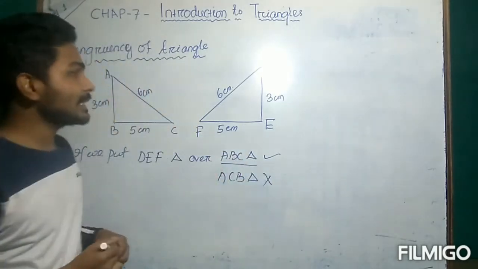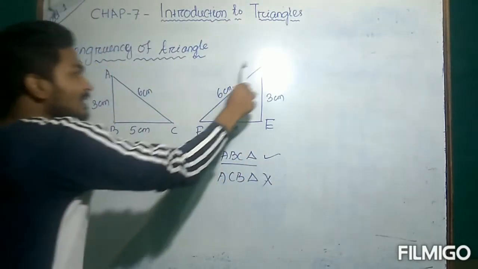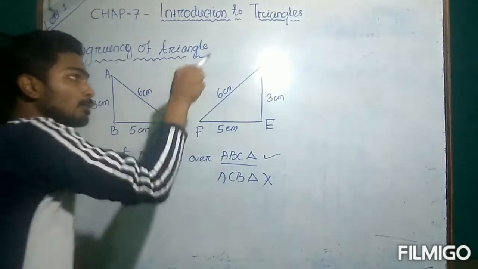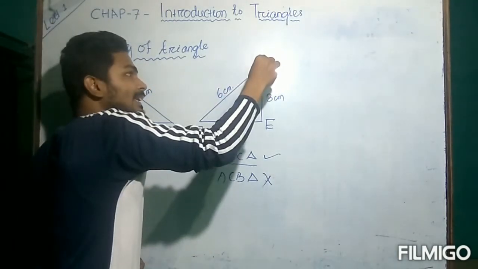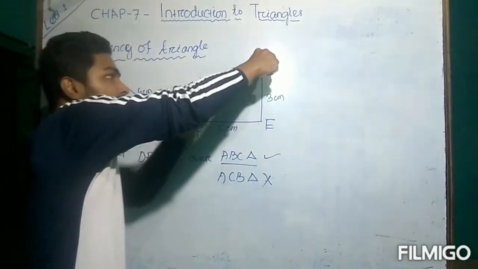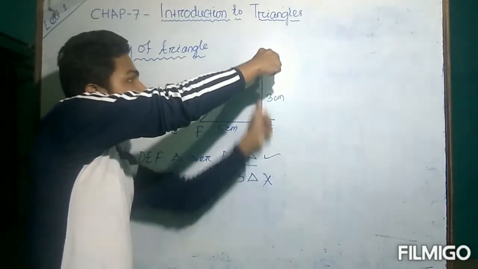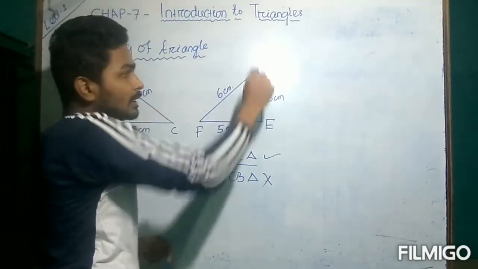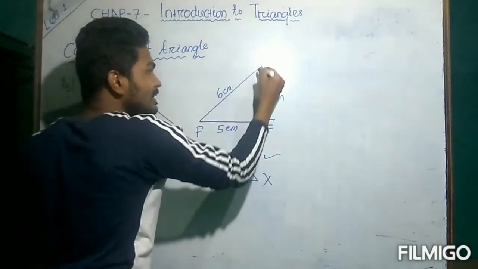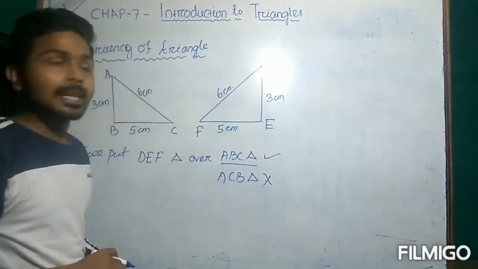The reason is that when I started writing this triangle, I started from this vertex, the vertex at which this side 6 cm and this side 3 cm meet.